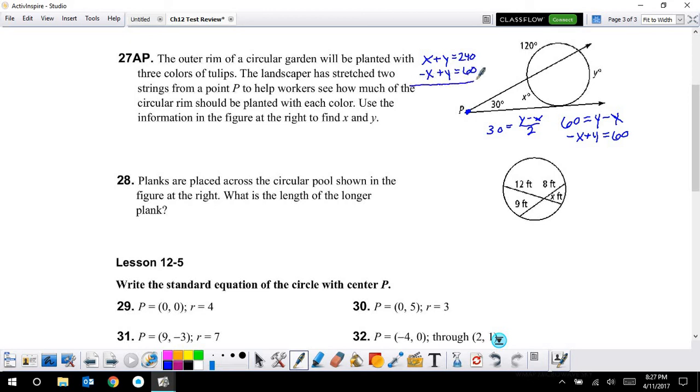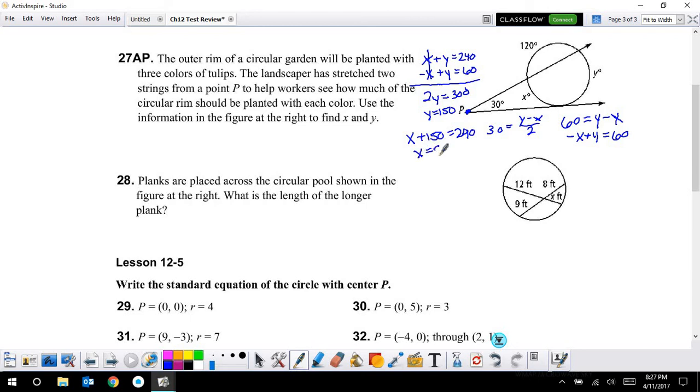And you learned last year that you could actually add these equations, and you'll notice the x's cancel. So you have 2y is going to be 300. So y is going to be 150. And if I go to plug in, we know x plus the 150 has to be 240.